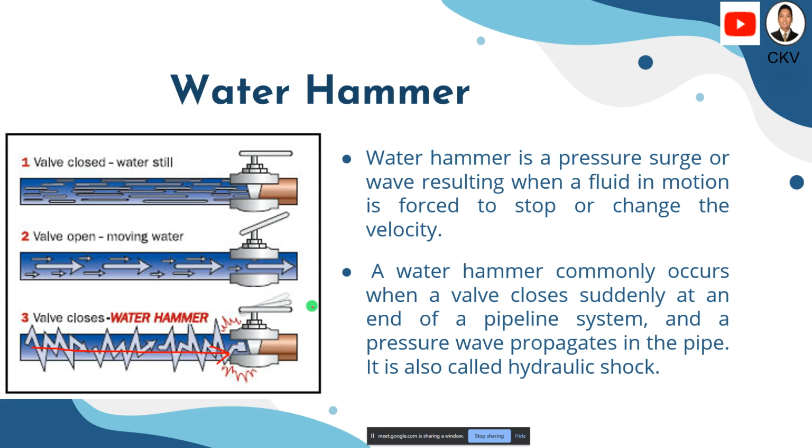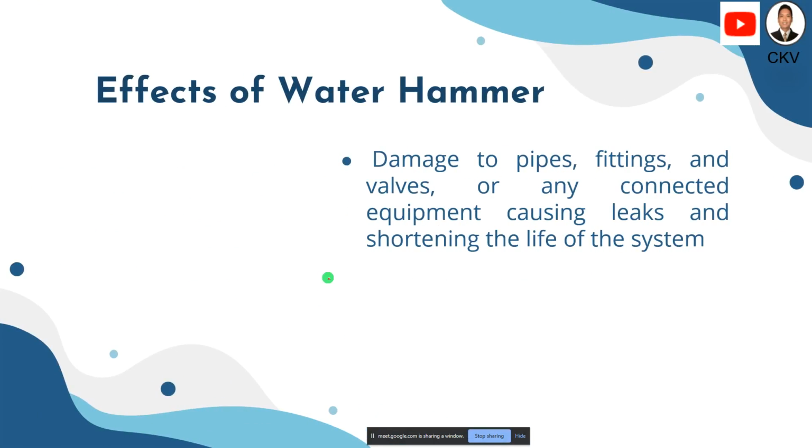So what are the effects of water hammer? Number one is it damages the pipes, fittings, and valves, or any connected equipment, causing leaks and shortening the life of the system.